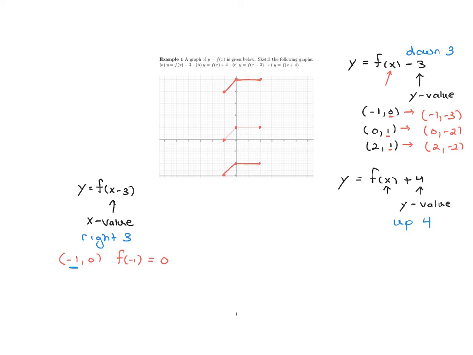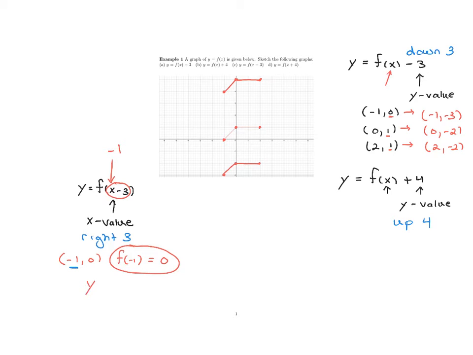If you go back to the original function and change the x to an x minus 3, what you're asking is, what number do I put in place of x in order to make the thing inside the parentheses equal -1? So if you want f of -1, but you have x minus 3, what number would you put inside the function for x?